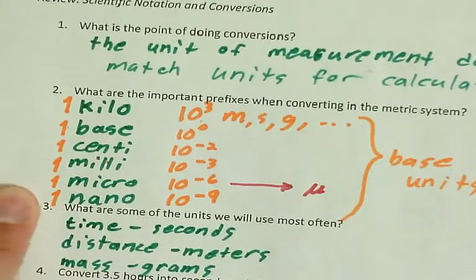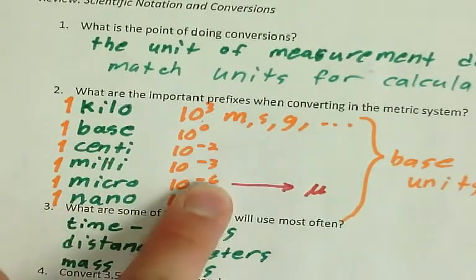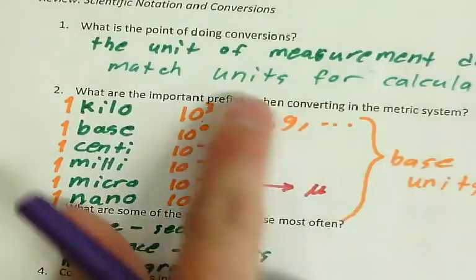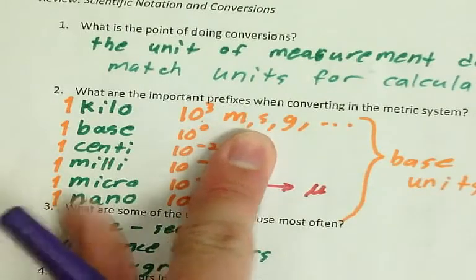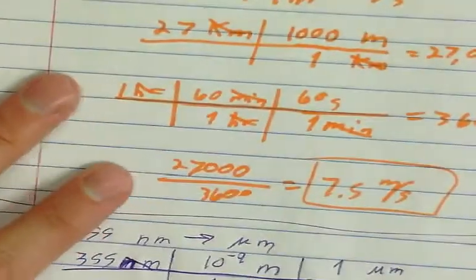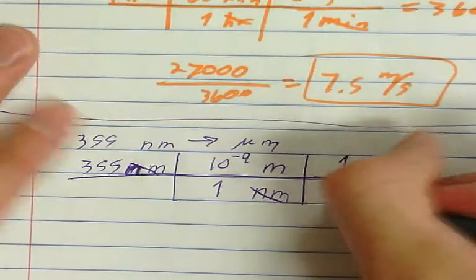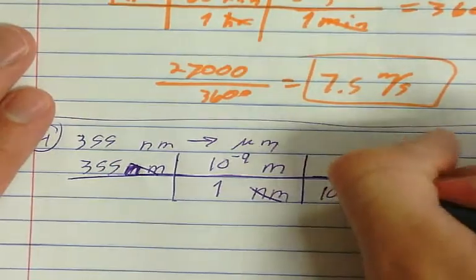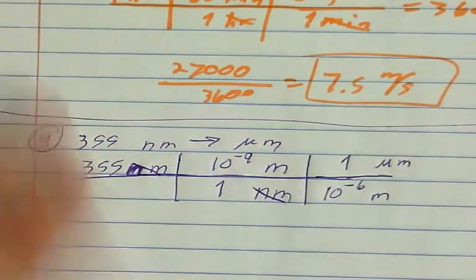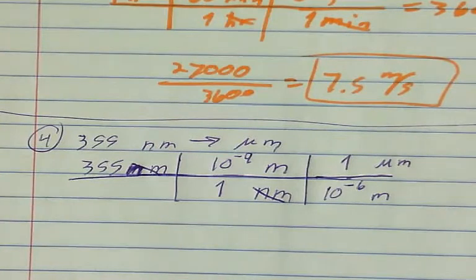For every 1 micro, I get 10 to the negative 6 of the base unit, which for this problem is still meters. So for every 1 micro, I got 10 to the negative 6 meters.